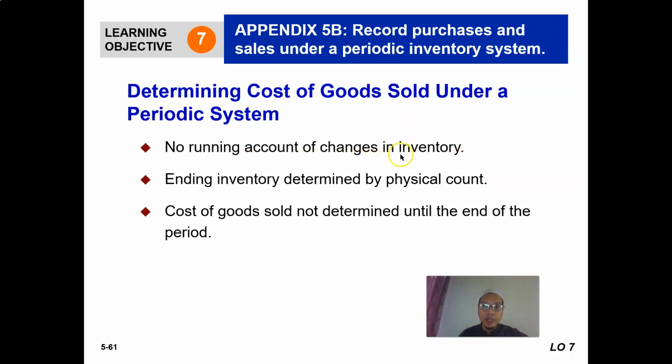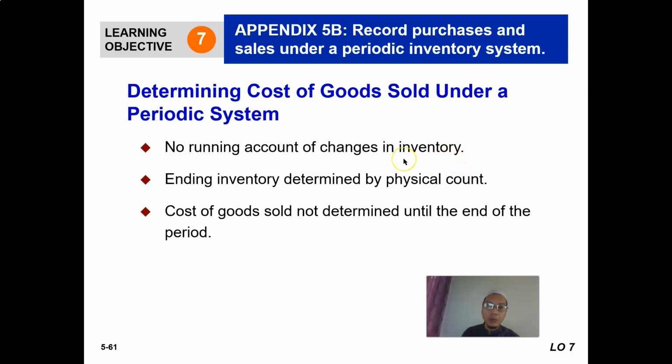The inventory account will not be updated every time there's a sales or purchase transaction, whereas in the perpetual inventory system, whenever there's a sale or purchase, the inventory account will be updated. But here the inventory account is not updated.